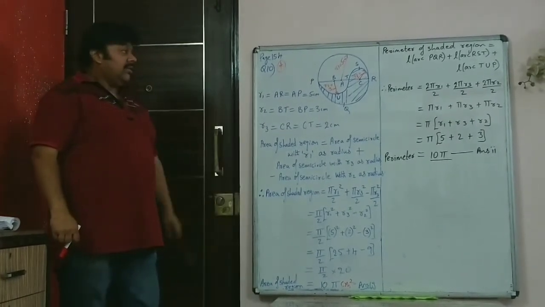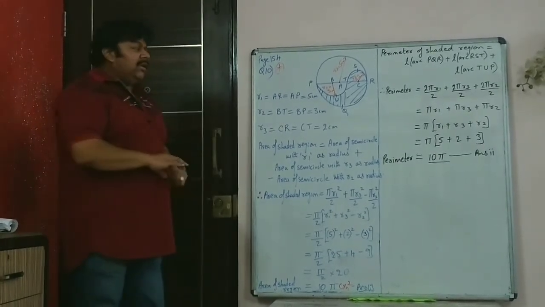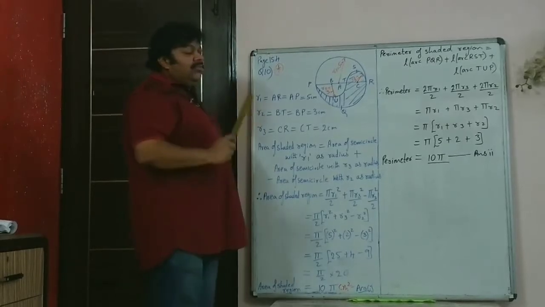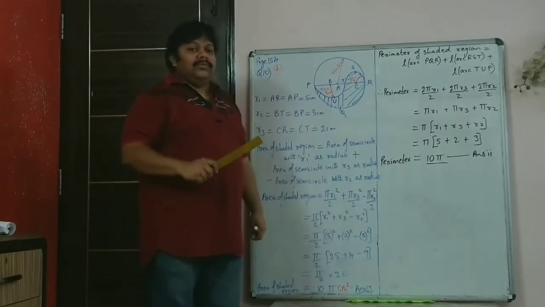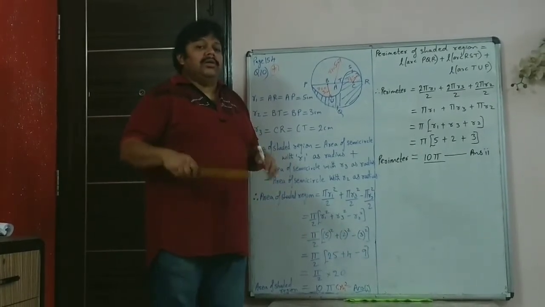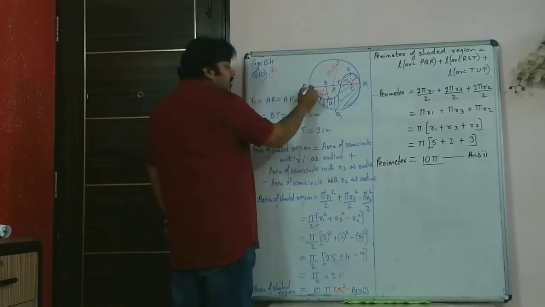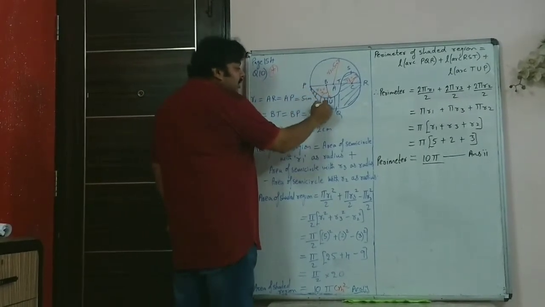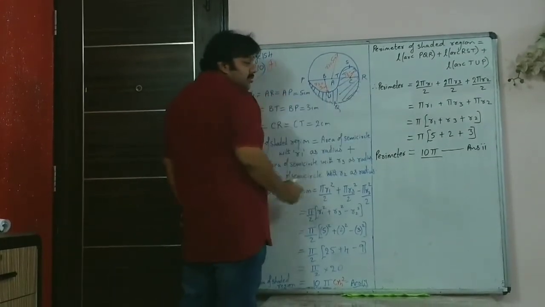10 pi centimeter squared. Now when they tell you perimeter, I have told you perimeter means one walk along the border of that shaded region without crossing the same path again. So let's say you are starting from P, you will go to R, PQR, that arc.